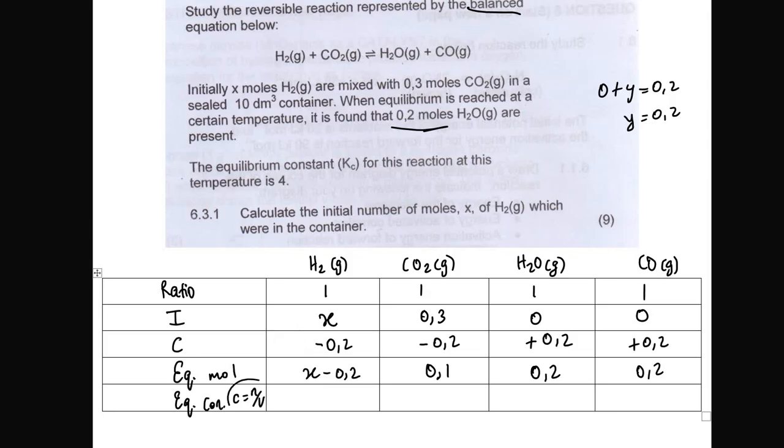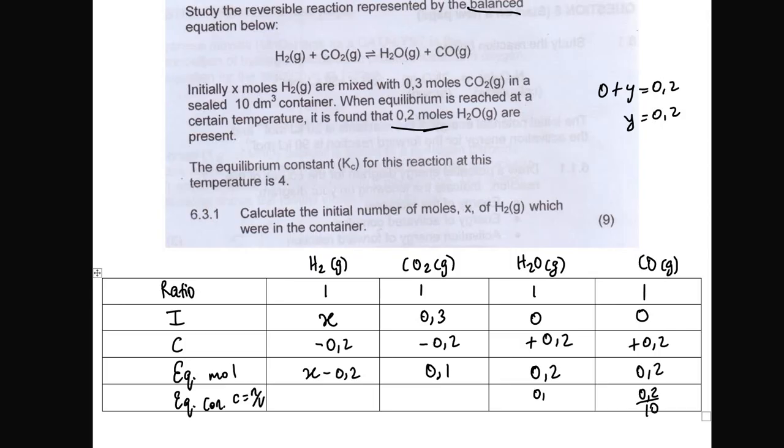Okay, then the concentration now, I have to divide this row by the volume, which is 10, because these are my number of moles. I want to divide them by 10 so that I get the equilibrium concentrations, because those ones are the equilibrium moles, the moles we have at equilibrium. We say 0.2 you divide by 10.